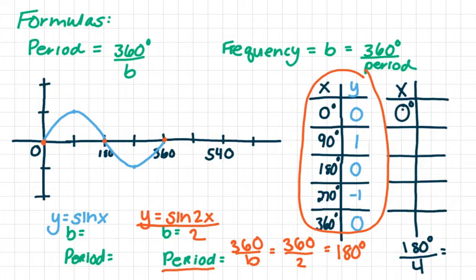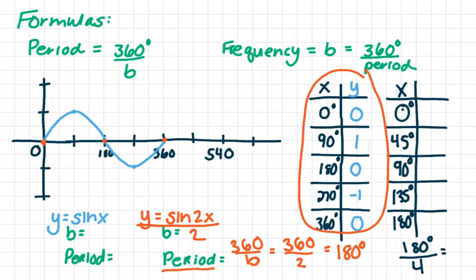That means that each interval will be by 45 degrees. So my 5 point inputs will now be 0, 45 degrees, 90 degrees, 135 degrees, and 180 degrees.